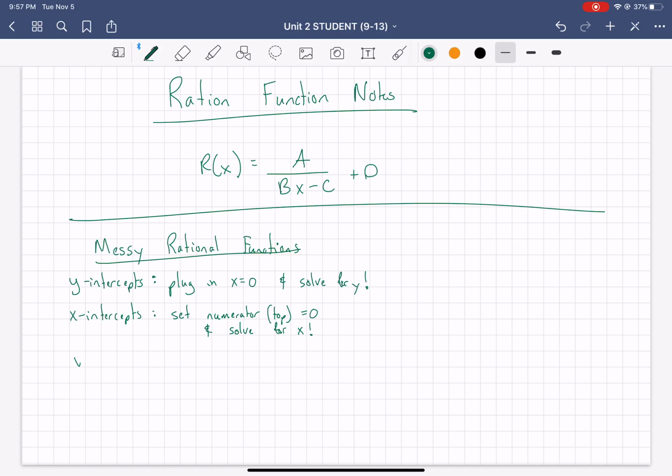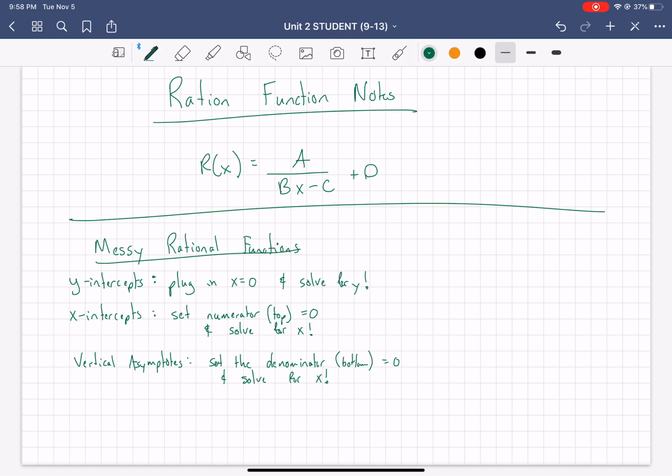Next one, we need to talk about vertical asymptotes. And what we need to do there is set the denominator equal to 0. All right, and solve for x.